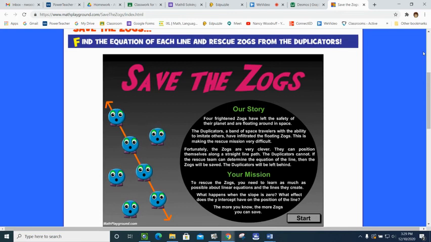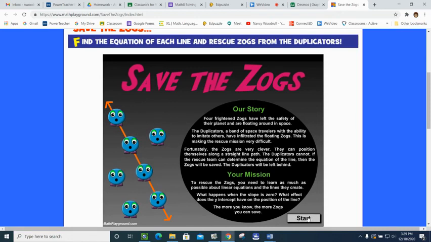The Duplicators cannot. If the rescue team can determine the equation of the line, then the Zogs will be saved. The Duplicators will be left behind. Your mission, if you choose to accept it, is to rescue the Zogs, and you need to learn as much as possible about linear equations and the lines they create. What happens when the slope is 0, and so forth.